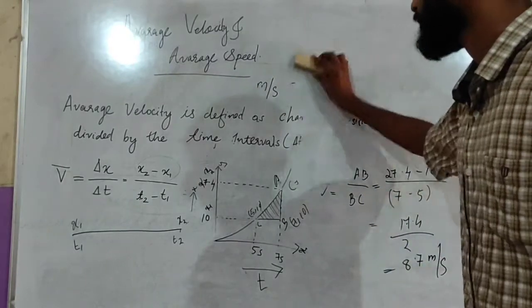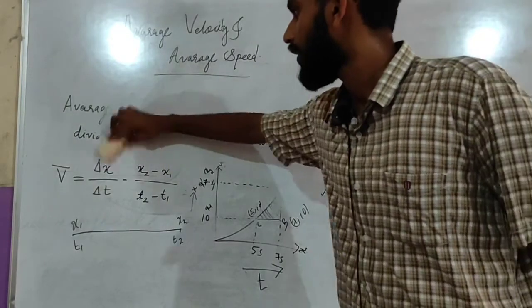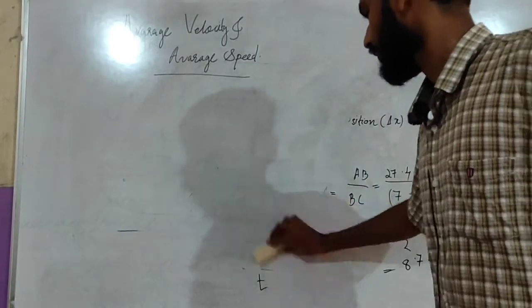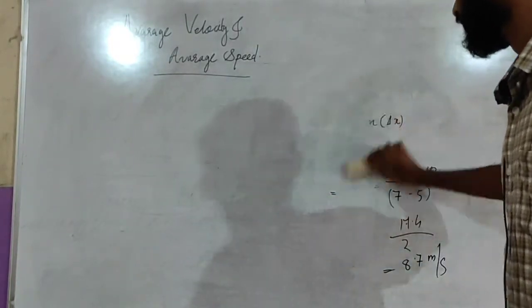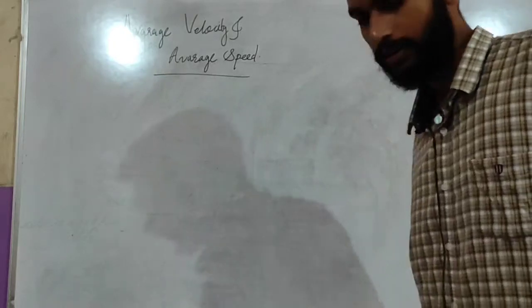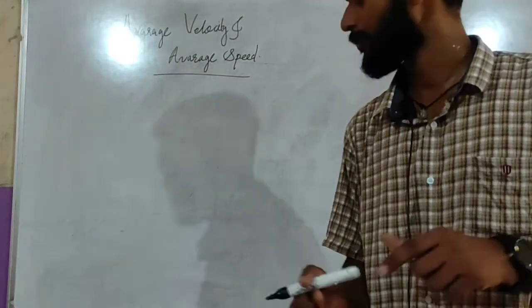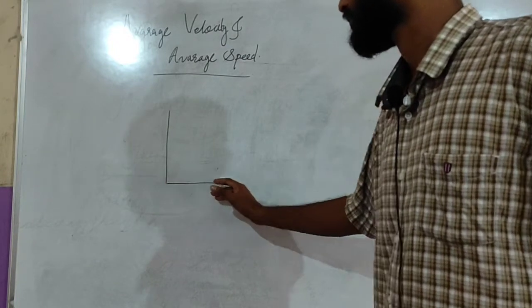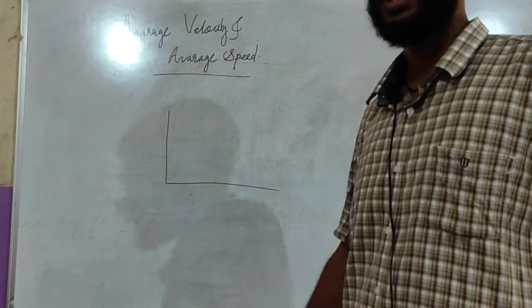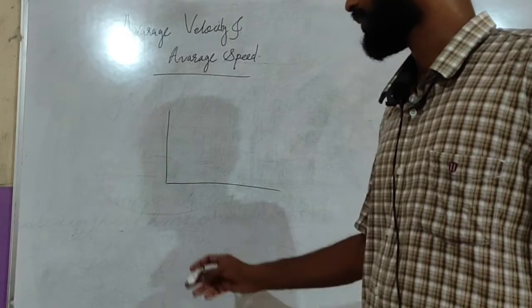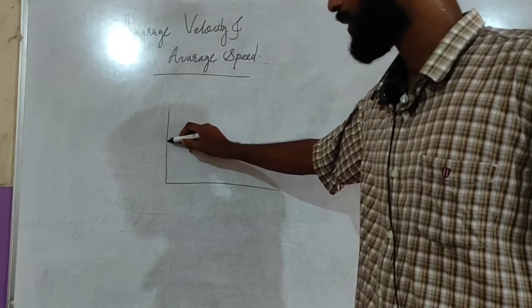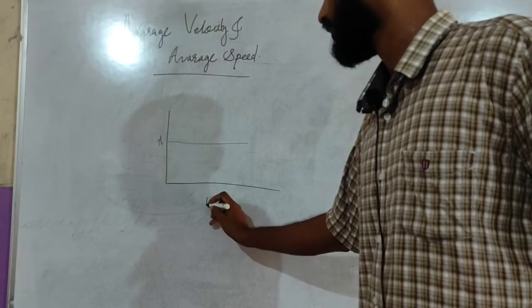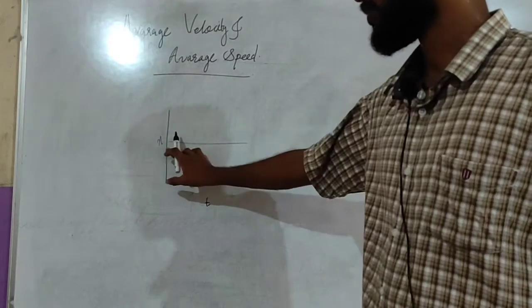Now, suppose the body is at rest. We have already seen the x-t graph, which will be like this, x and t. x is constant.